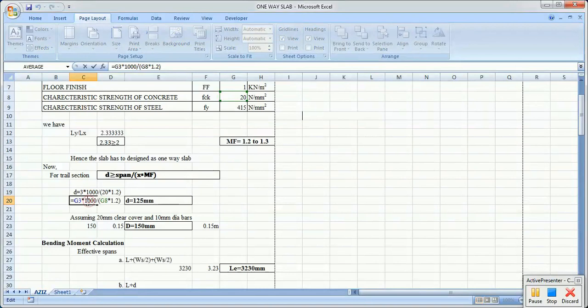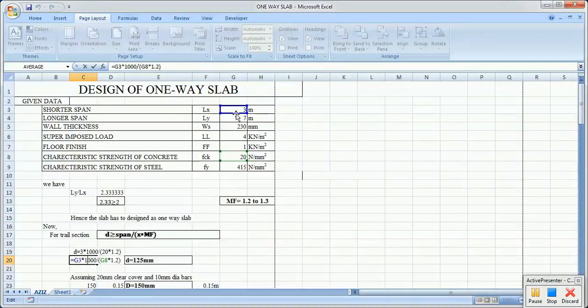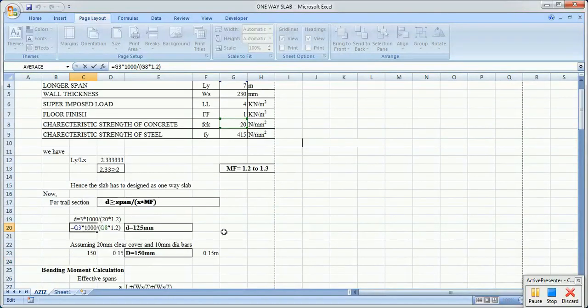For span, you have to consider the shorter span, divided by, into 1000 to make it in mm, into the factor. Gamma is 20, so here it is wrong, you have to type 20 here, into modification factor 1.2.